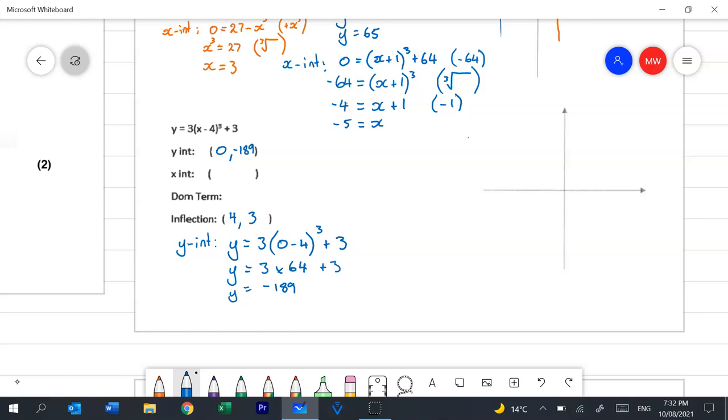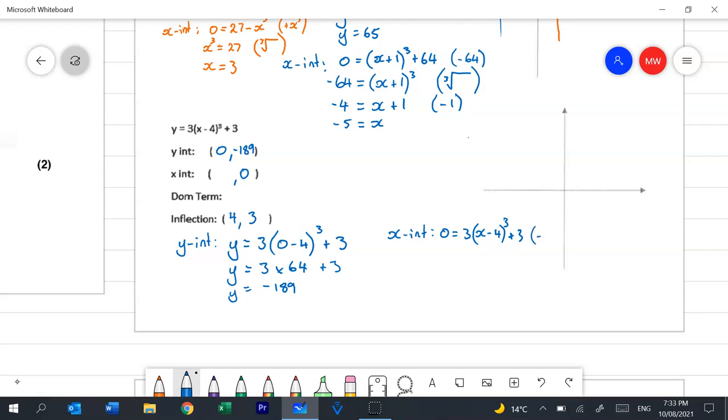Big numbers this time. My x-intercept, I'll find out by making y nothing. So this time I'll say, righto, nothing equals 3 times x minus 4 cubed plus 3. Start rearranging this.